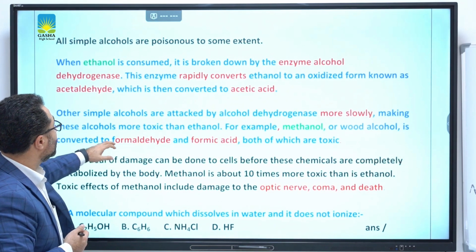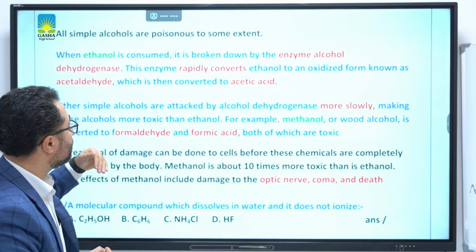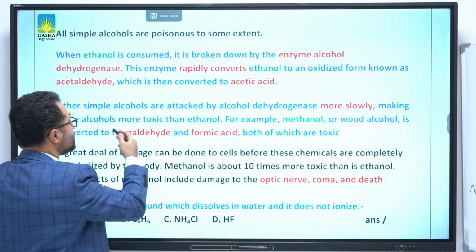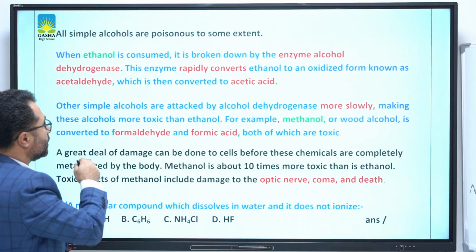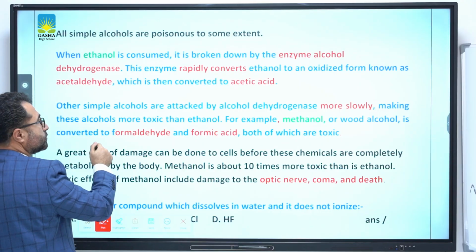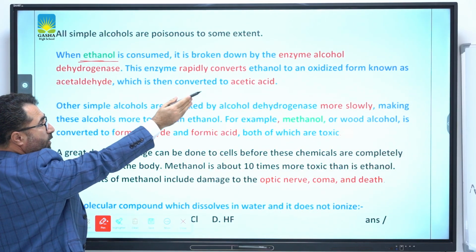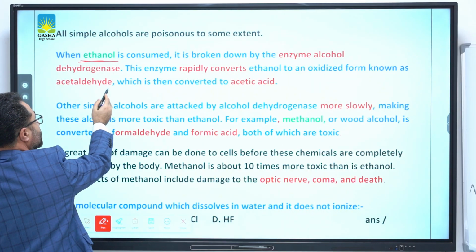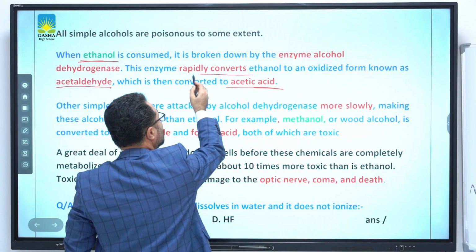When ethanol is drunk, by the enzyme alcohol dehydrogenase, it rapidly converts to what? To acetaldehyde and acetic acid.